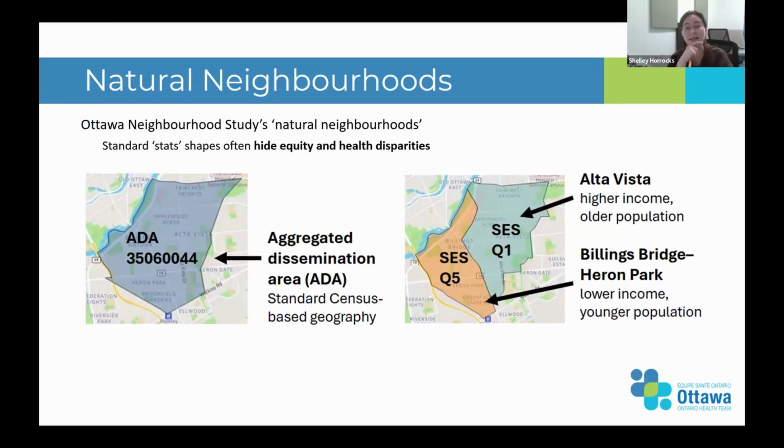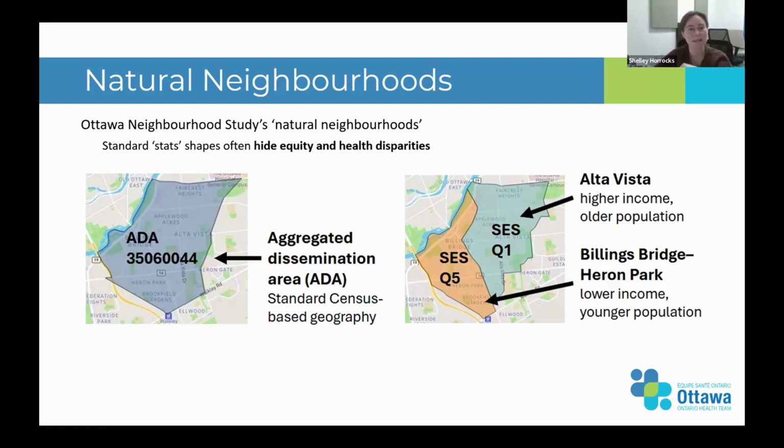So this is just a little example. We know from looking at our community that standard geographies like aggregate dissemination areas or FSAs, which are for the Postal Service, don't necessarily reflect real communities and often actually hide equity and health disparities. On the left here, we have an ADA, and when we look at a bunch of health indicators and marginalization and equity indicators for this ADA, it comes out as pretty average across the board.